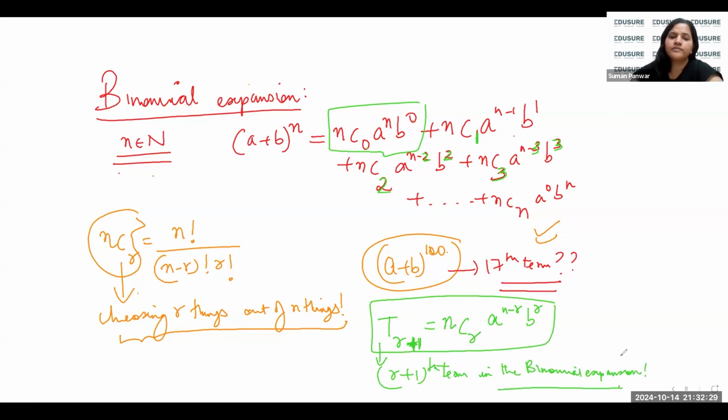Okay. So whenever we talk about binomial expansion, the general concept is the rth term or the r plus 1th term. Nobody is going to ask you the expansion. Okay. For example, let's try to.